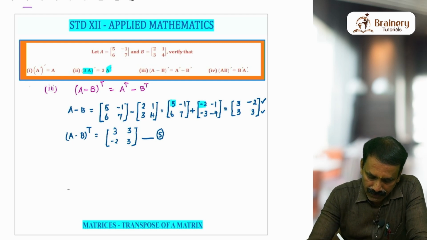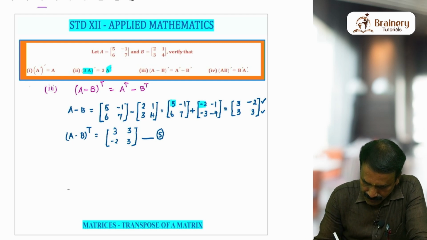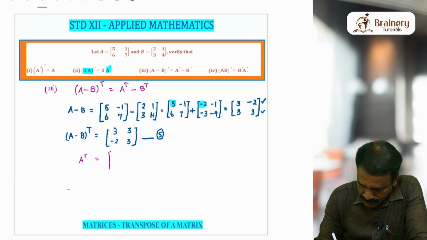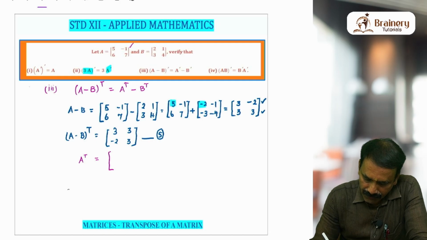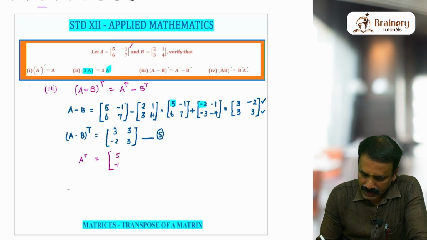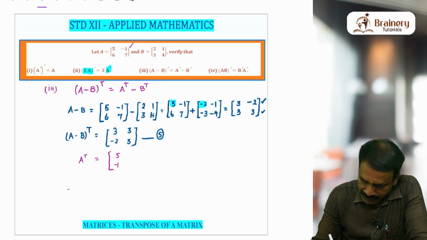Now, the right hand side process we are going to start. On the right hand side, what are we going to calculate first? A transpose. How to find A transpose? In the A matrix, change row element to column element. So 5, minus 1 row element is converted to 5, minus 1 as column element. Next one, 6, 7. So this is your A transpose.